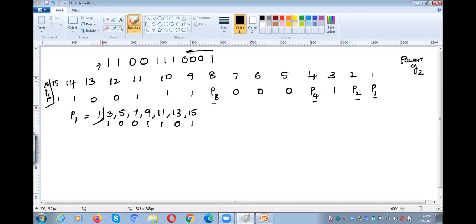Like that we consider one position and leave one position. You need to start from 1, because we are calculating for P1. So 1, leave 2, then 3, 5, 7, 9, 11, 13, 15. How many ones are there? There are 4 ones. That means even, so the P1 value is 0, because the number of ones is even.